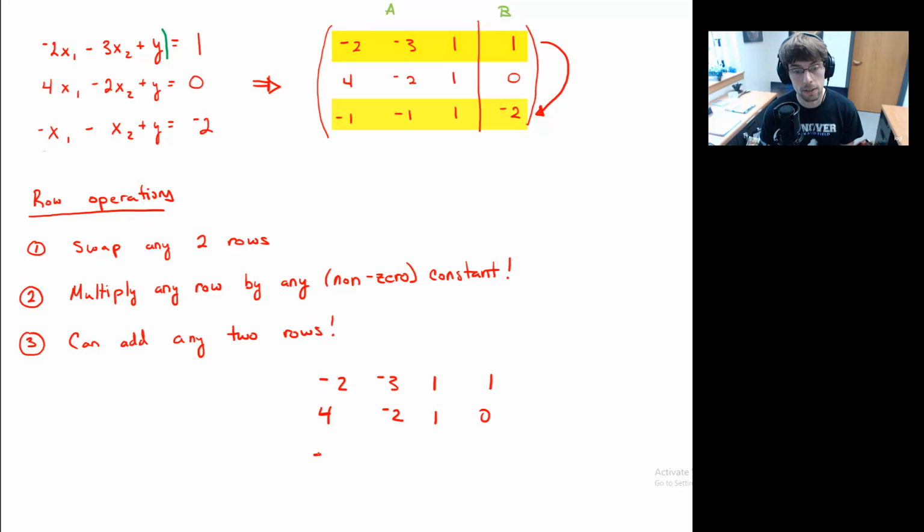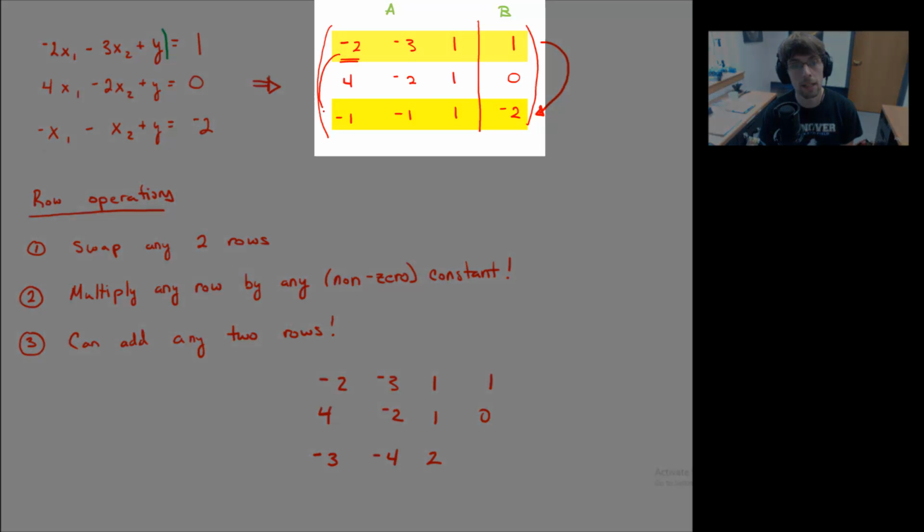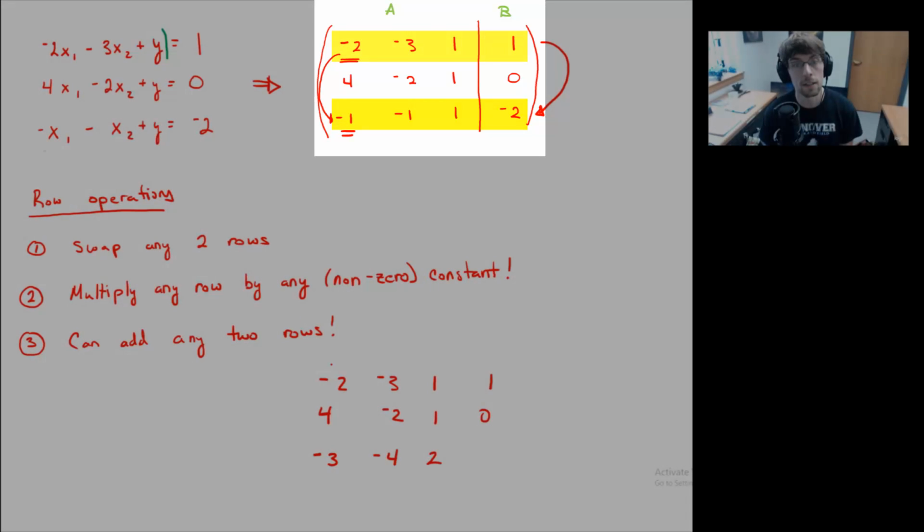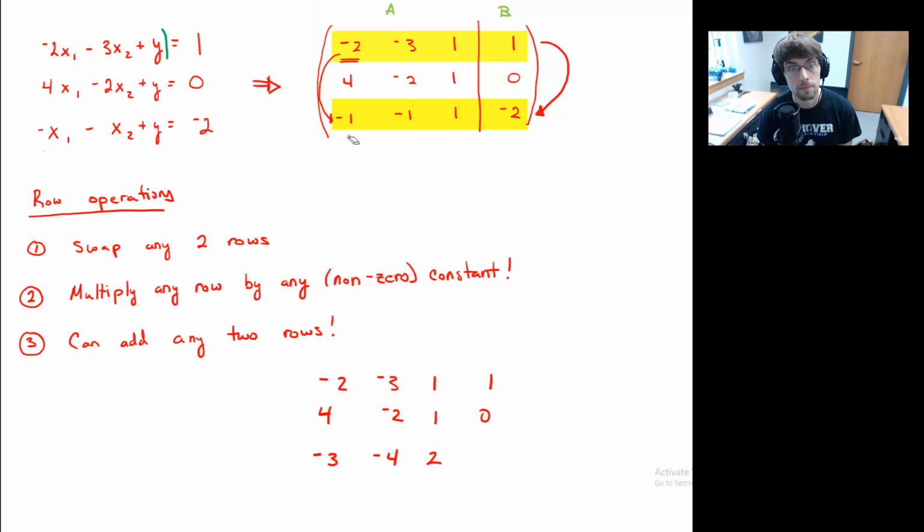So -2 plus -1 gives me -3. -3 plus -1 gives me -4. And then I have 1 plus 1, which gives me 2. I'm taking each of these elements and adding it to the corresponding element in the third row. And so I also have to do that for the B matrix. 1 plus -2 gives me -1.